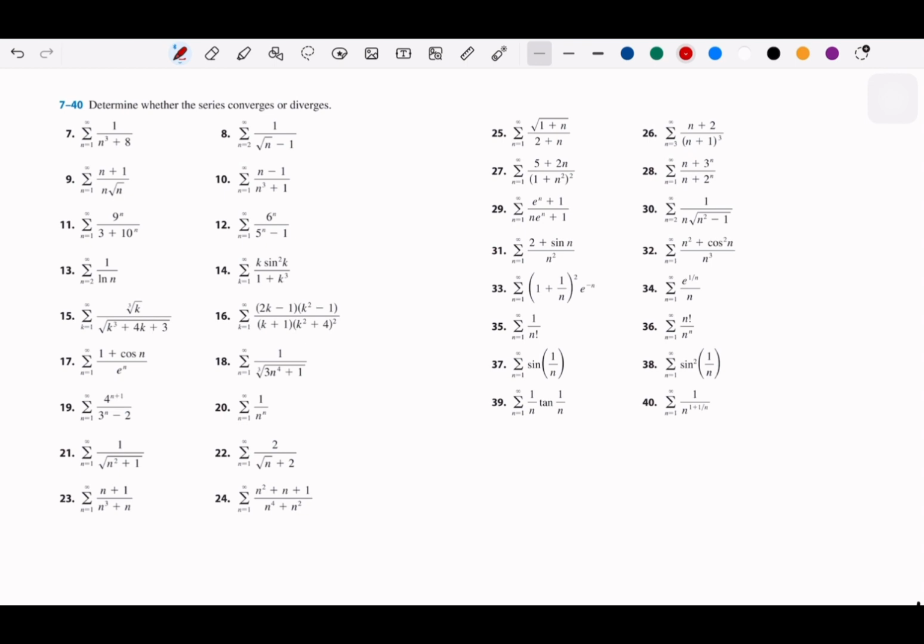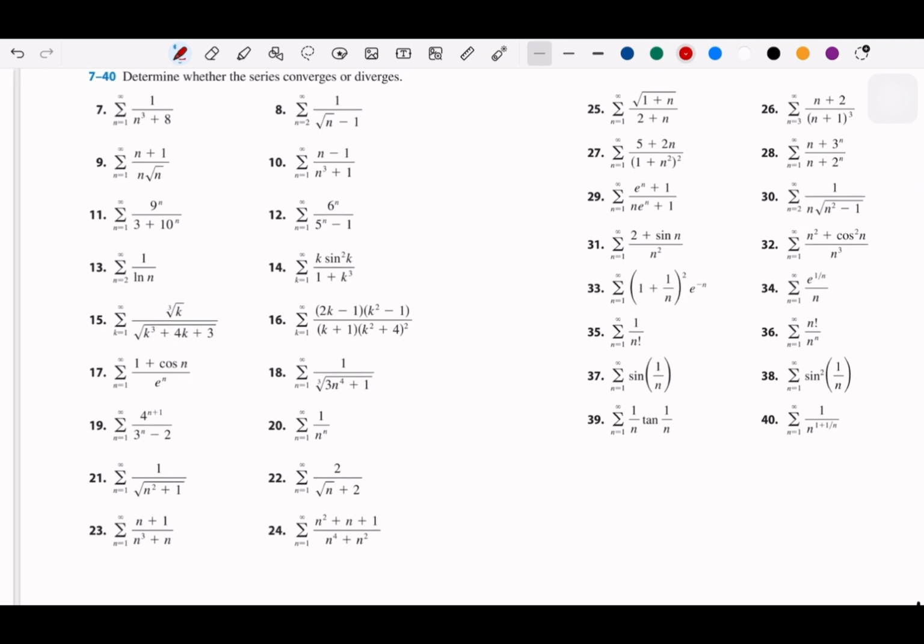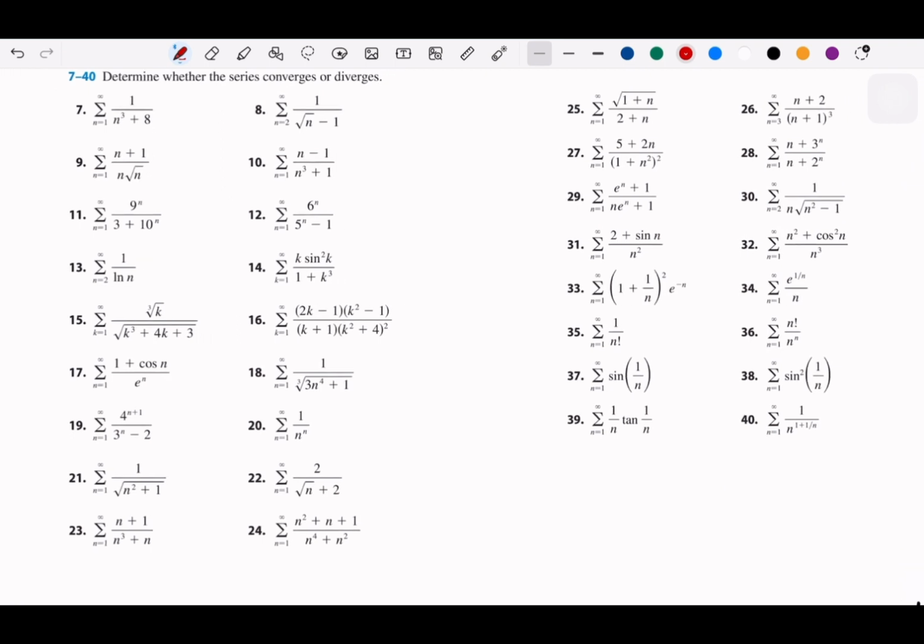Let's say number 10. Let me zoom in first. And see, all the series within the comparison are in fractions. So in most cases, it should be a fraction in fractions.